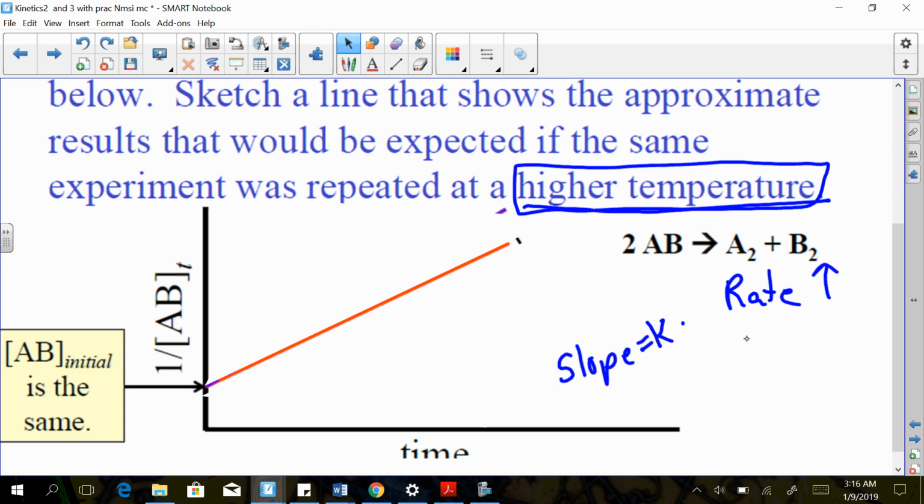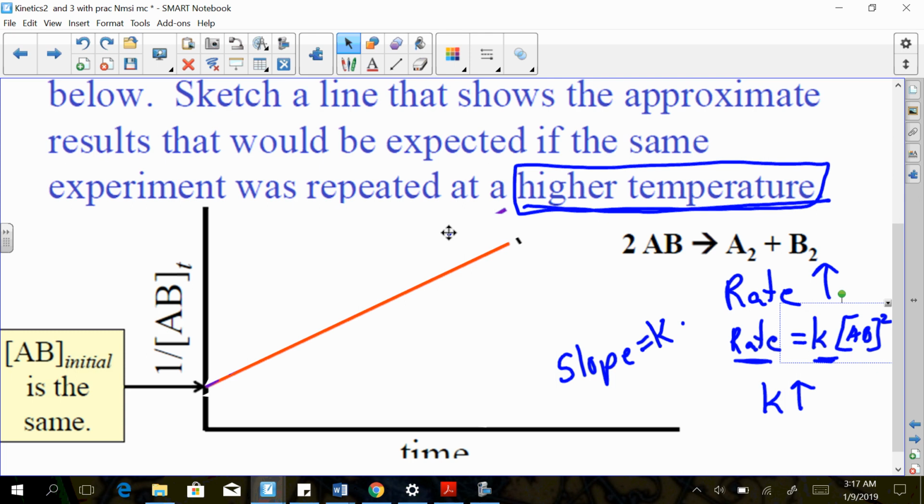If the rate increases, I know our rate equals K times [A][B] raised to the second power if this is a second order reaction. So if the rate goes up, K must also go up. So if K gets bigger, what happens to the slope?